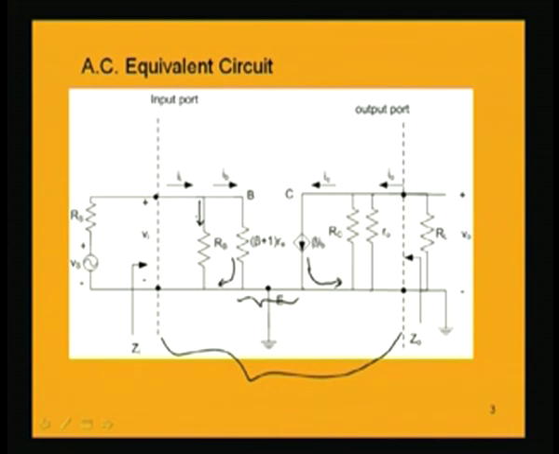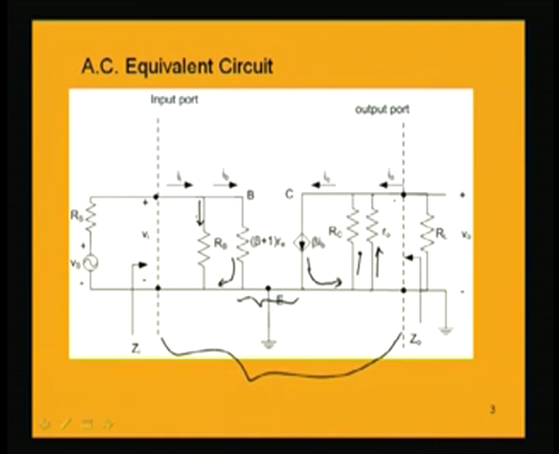Here, the beta times IB current, which is the collector current, actually has 3 parts. One is through this RC, one is through this R naught. R naught is the output resistance of the transistor. Very conveniently we generally ignore it because it has a very high value, in the order of megohms, but to be exact it should be there, and afterwards we can ignore it.